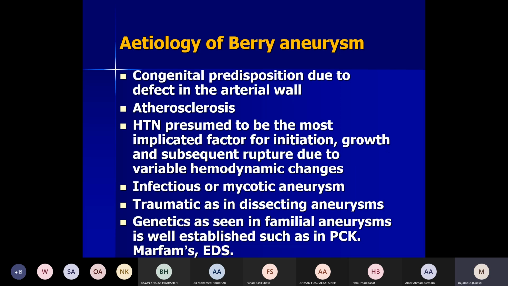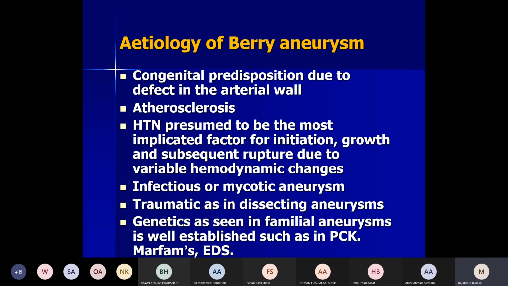The other theory is the acquired theory, which states that the aneurysm develops because there is high shear stress at the site of the bifurcation, and this high shear stress will lead to injury in the intima, and intimal injury will be followed by inflammation of the intima.